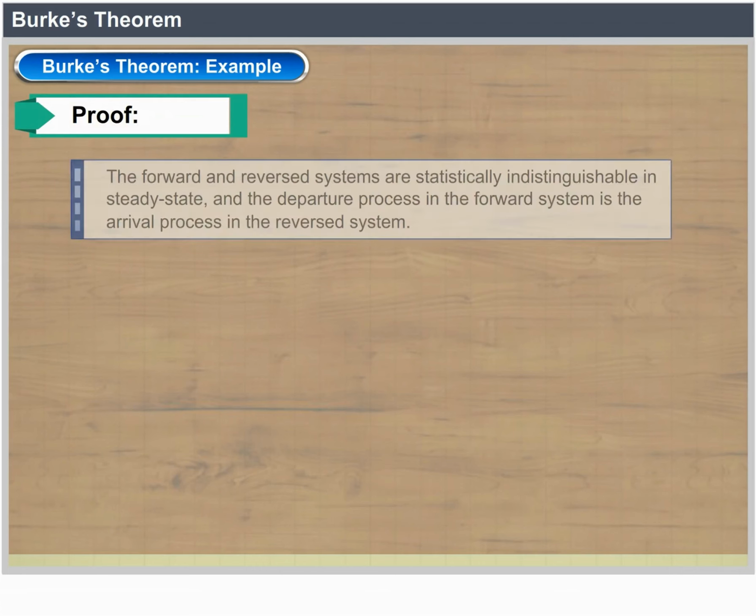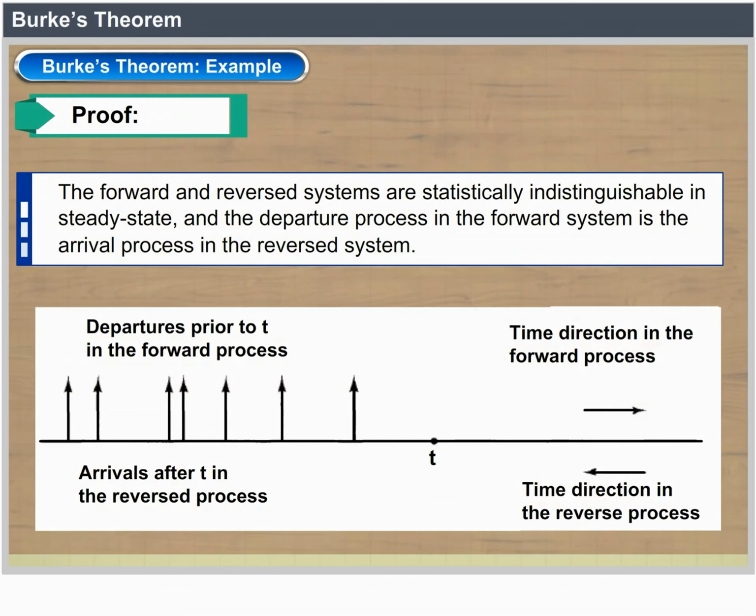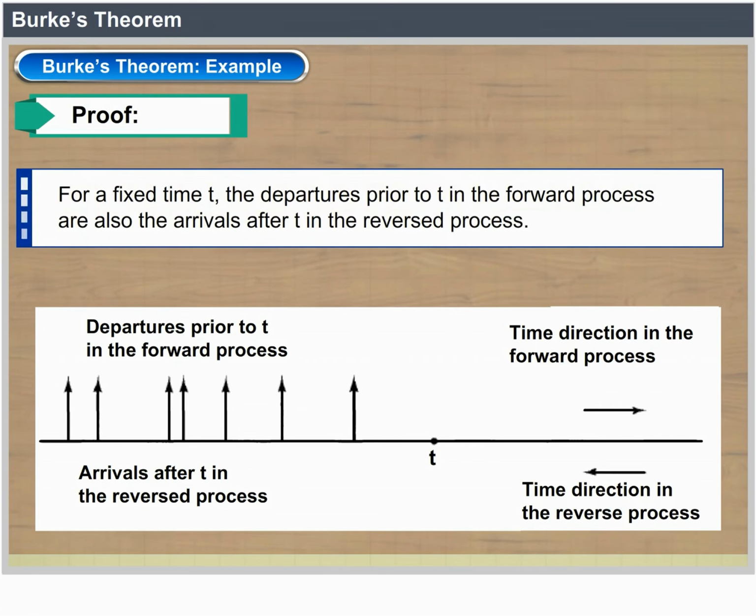Proof. This follows from the fact that the forward and reversed systems are statistically indistinguishable in steady state and the departure process in the forward system is the arrival process in the reverse system. For a fixed time t, the departures prior to t in the forward process are also the arrivals after t in the reversed process.